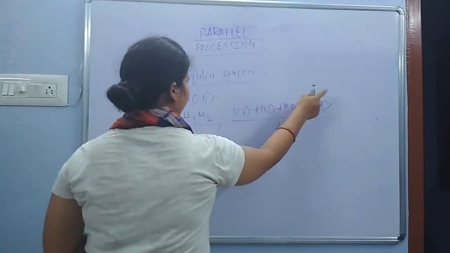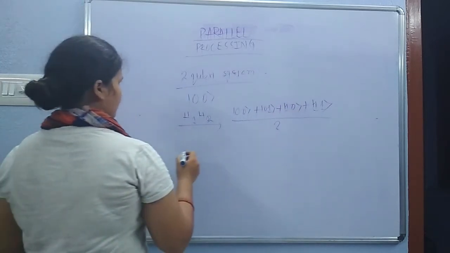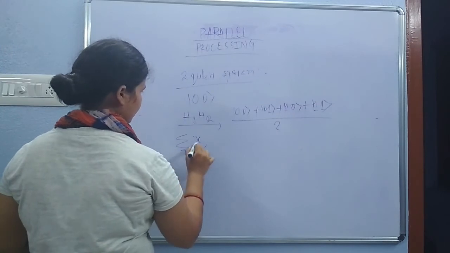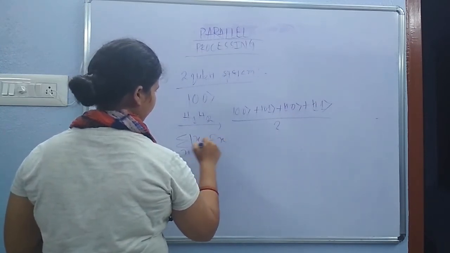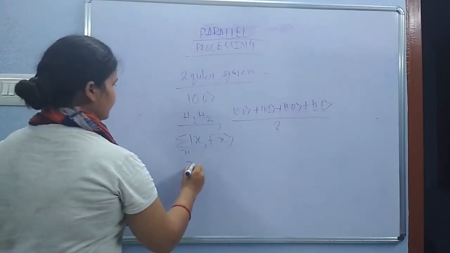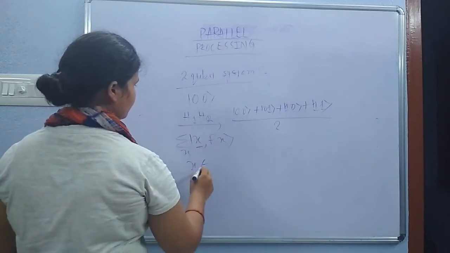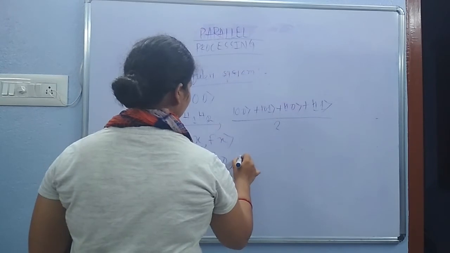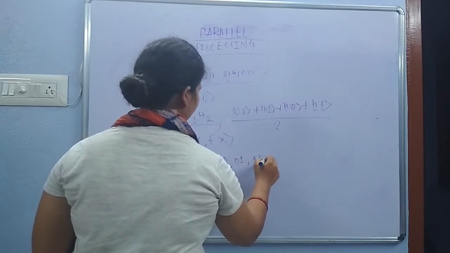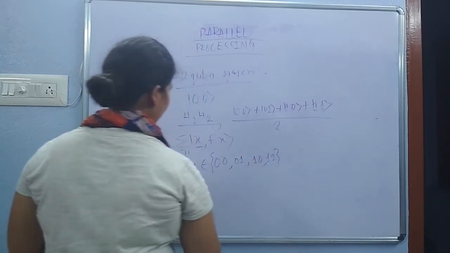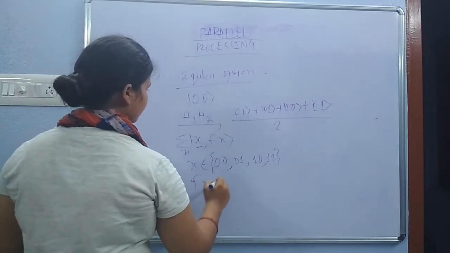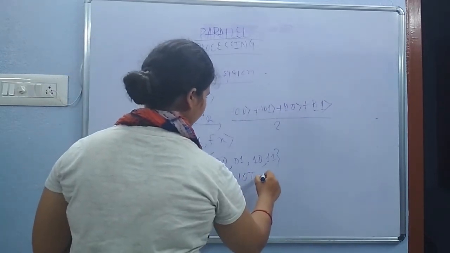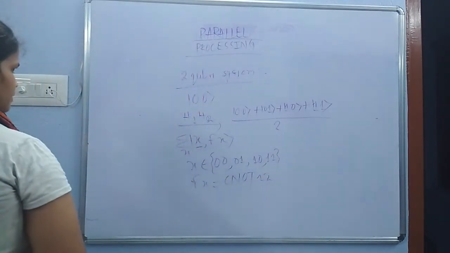This is 1, 2, 3 and 4 possible states, and the function is the summation of x fx, where x belongs to 0 0, 0 1, 1 0 and 1 1, and this fx equals C naught, that is control node from first qubit to second qubit.